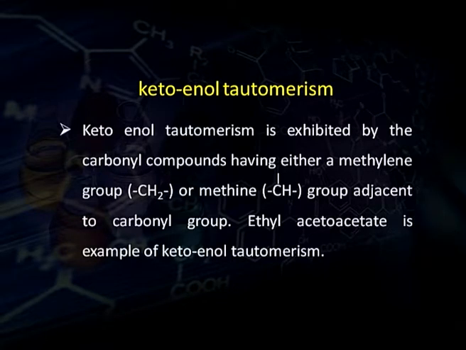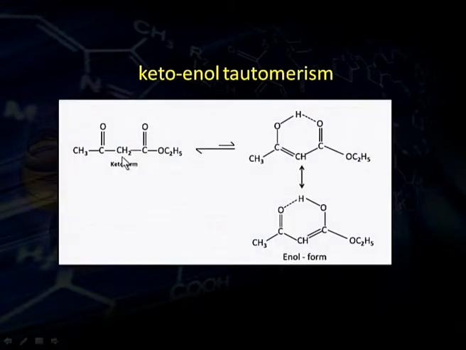Now keto-enol tautomerism is exhibited by carbonyl compounds which have a reactive methylene group or methine group adjacent to the carbonyl group, and ethyl acetoacetate is a perfect example of keto-enol tautomerism. In this keto form, the methylene group is flanked on both sides by carbonyl groups, and this H can shift to this oxygen and the electrons will migrate to this position.